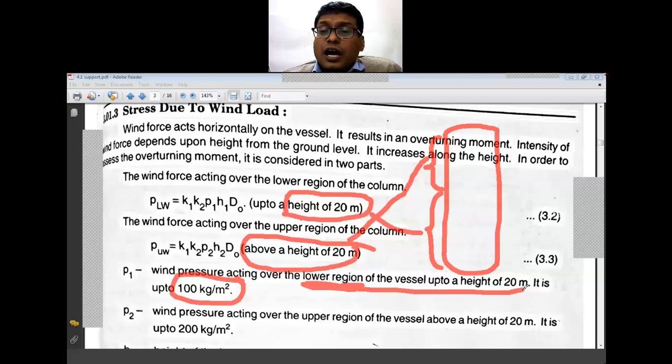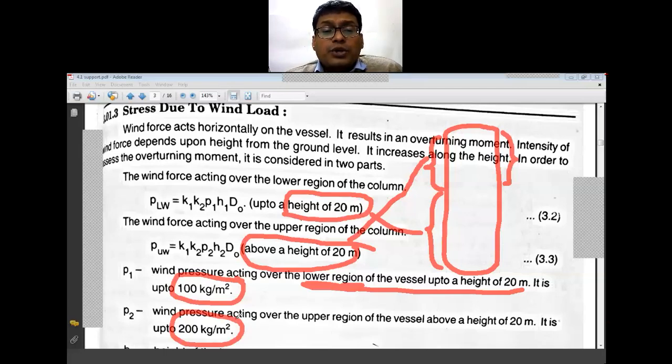And above 20 meters, that means in the upper section of the vessel, the wind load is taken with a higher value, that is 200 kgs per meter square. You have to remember the units also.